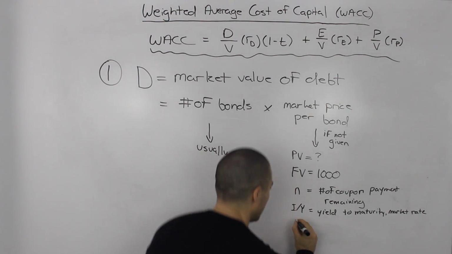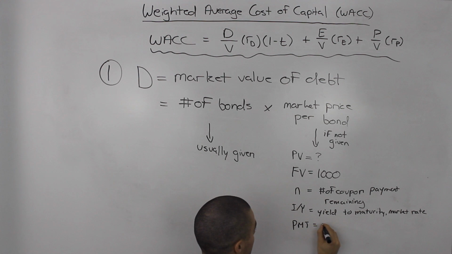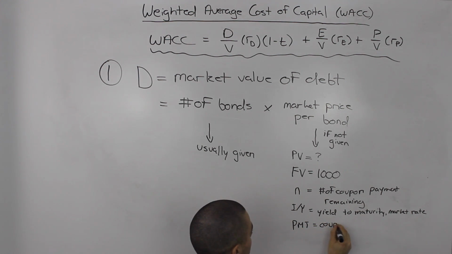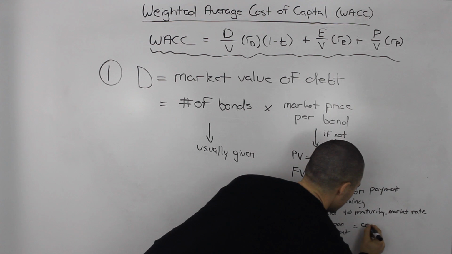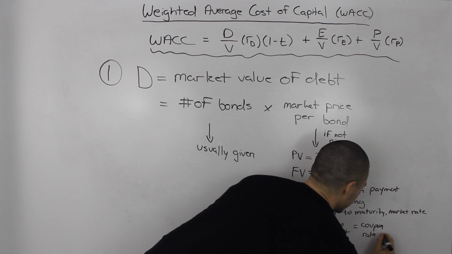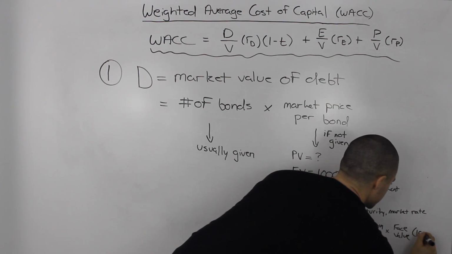All right, and then the final thing is your PMT, which is your coupon payment. And you get that by taking the coupon rate and multiplying it by the face value, which is usually 1,000.